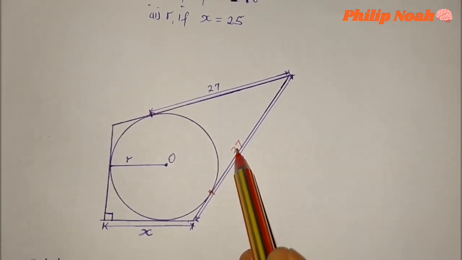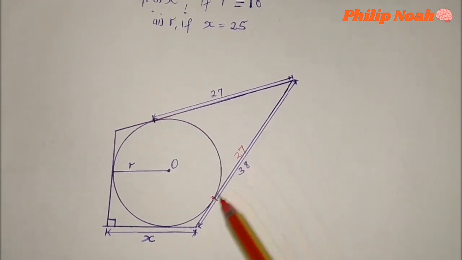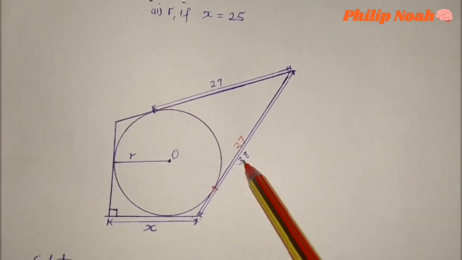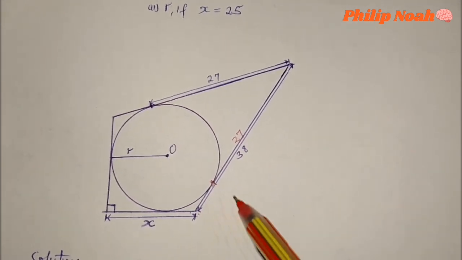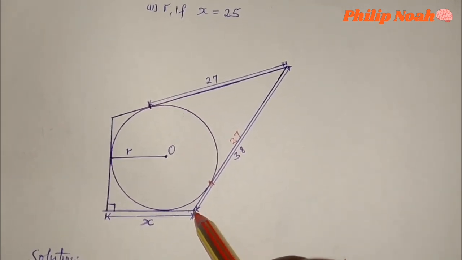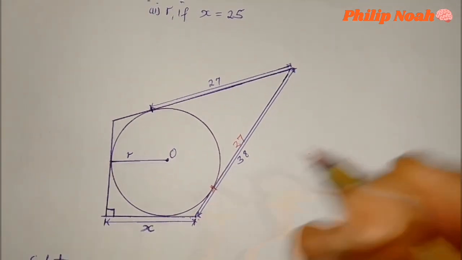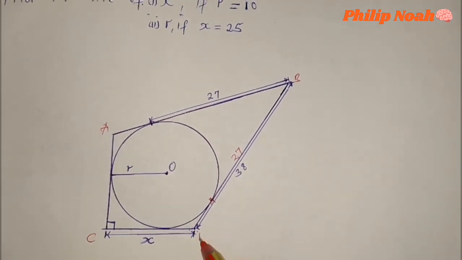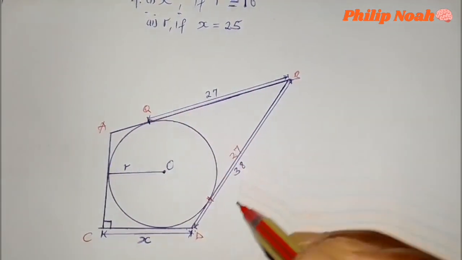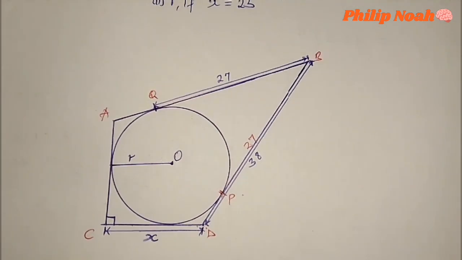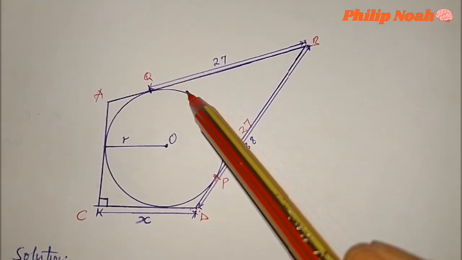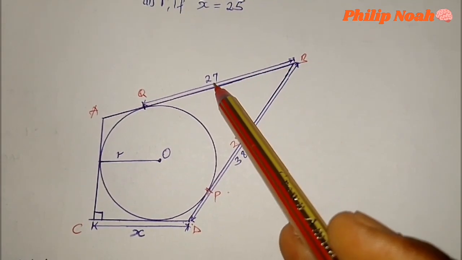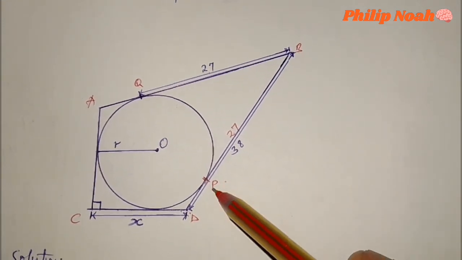So if from this point to this point is 27, and from this point to this point is 38, what's the distance from this point to this point? I can label it: this is point A, this point B, this point C, D. You can call this point Q, and this point P. Since the length from Q to B is 27, the length from B to P will also be 27.